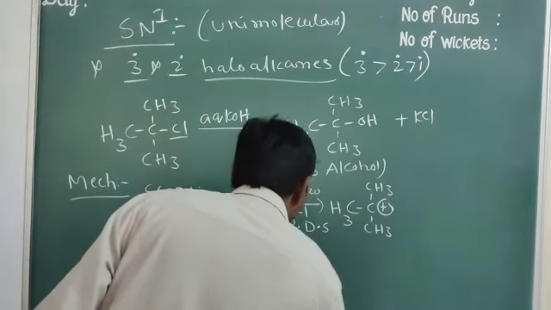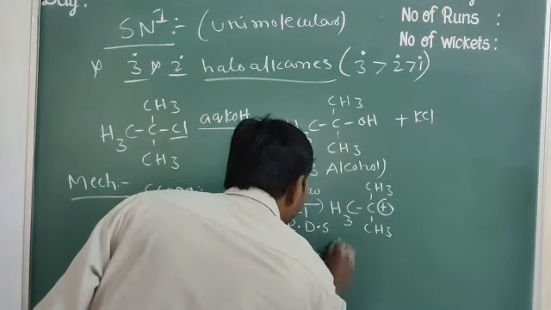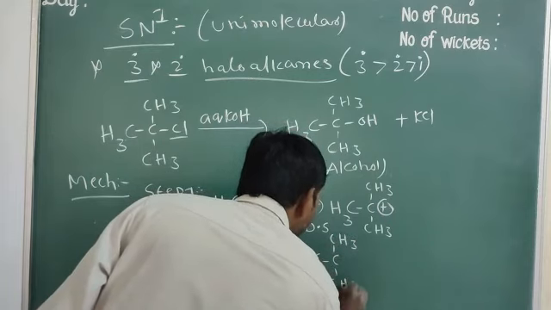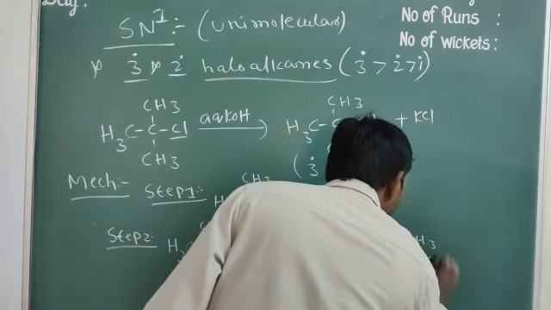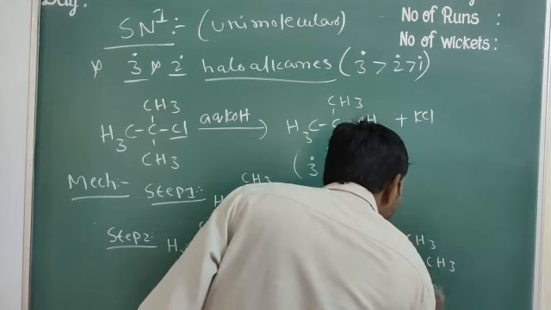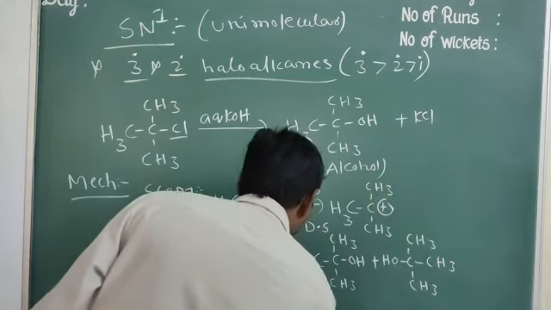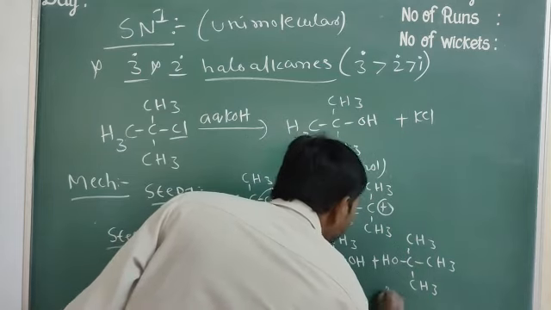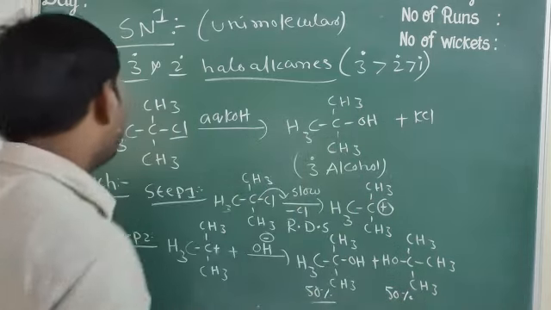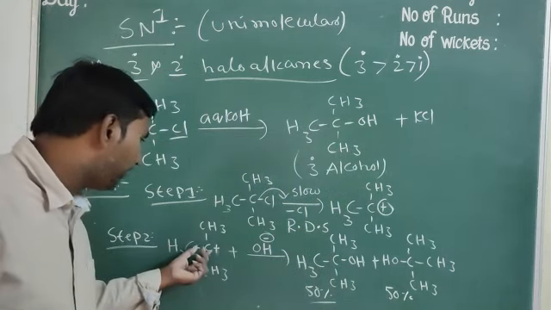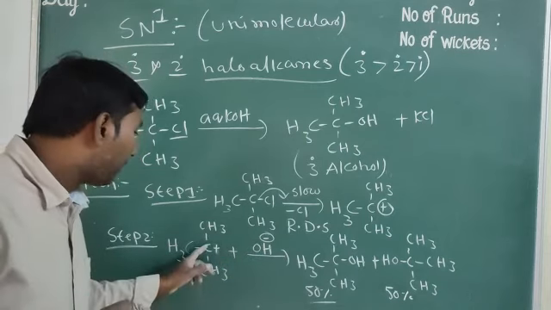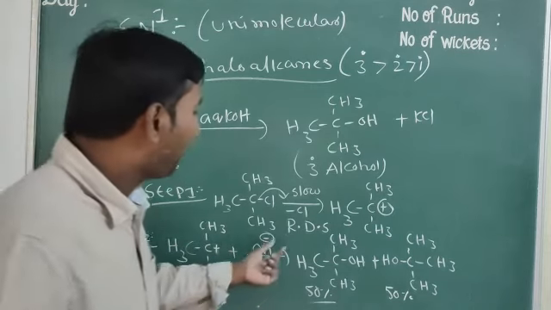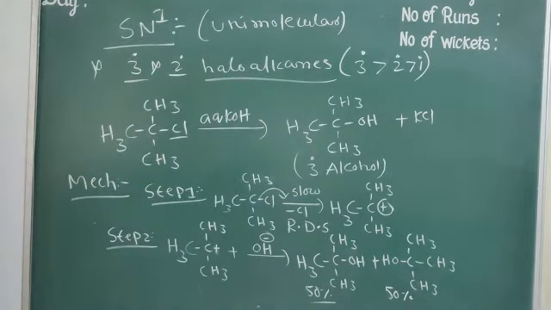So 50% products form: CH3OH is one product, and the other is its counterpart. The probability of OH minus attack on the carbocation is two, so there is 50%, 50% product formation in the SN1 reaction.